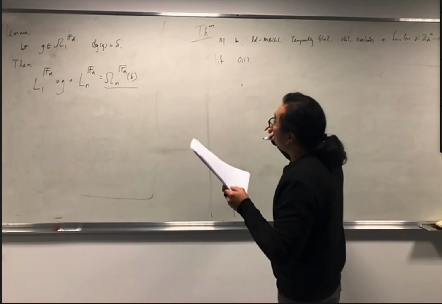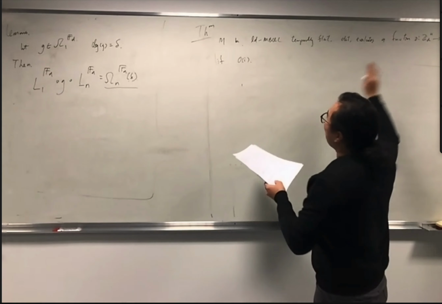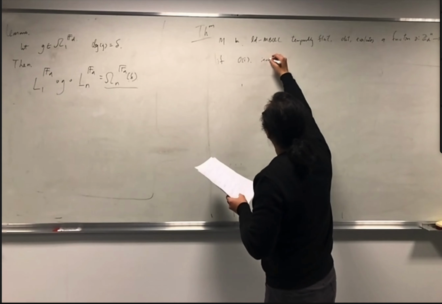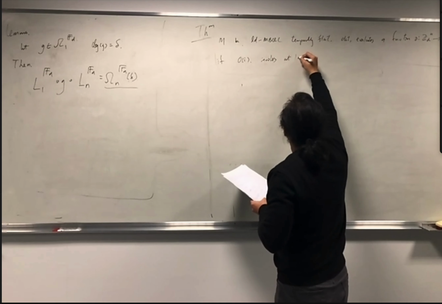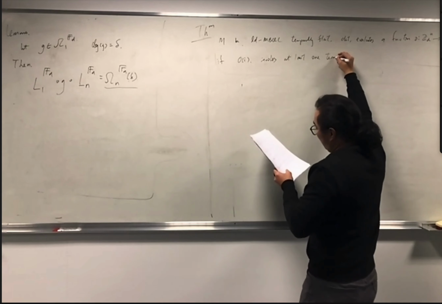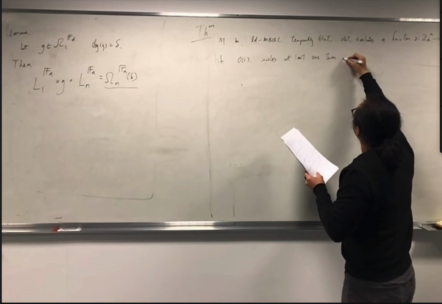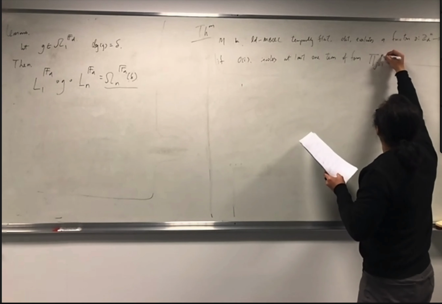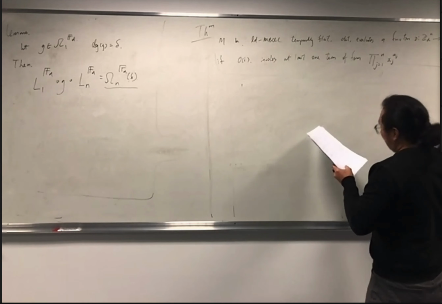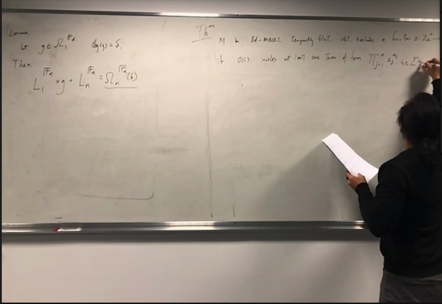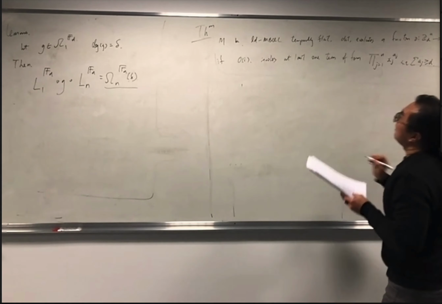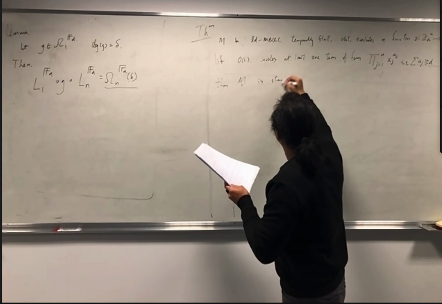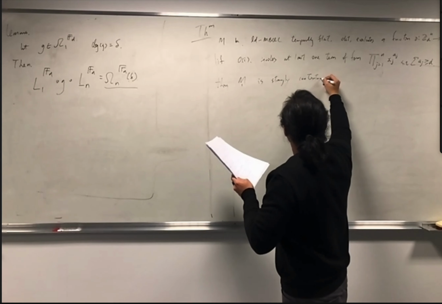Now, by that theorem, you know that every function can be written in a certain form of polynomials. So if the output involves at least one term of the form product over j equals 1 to n of xj^aj, such that the sum of aj is larger than d, then M is strongly contextual.